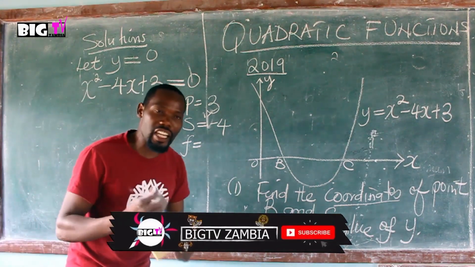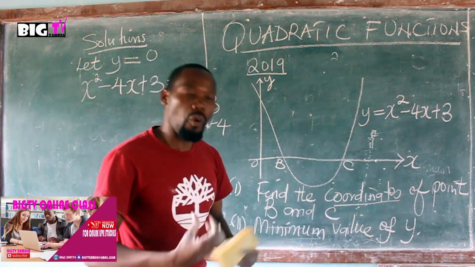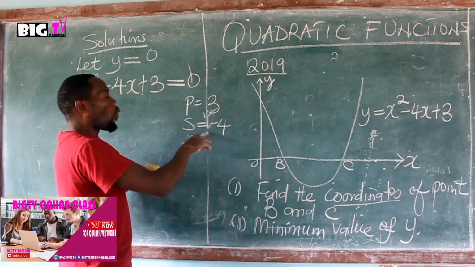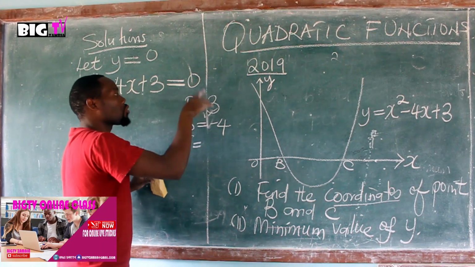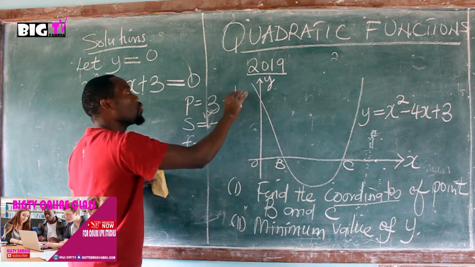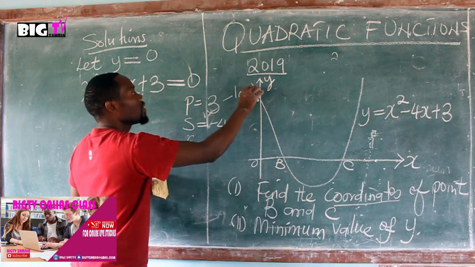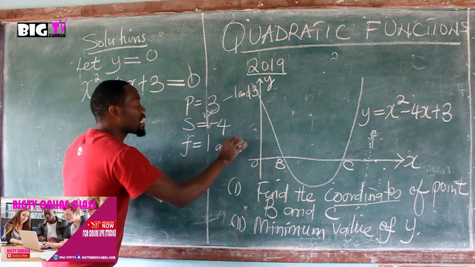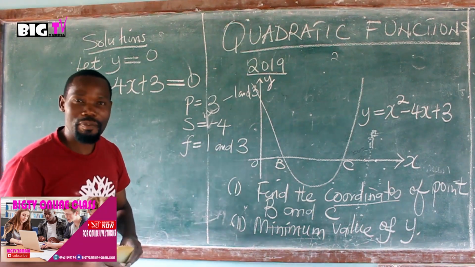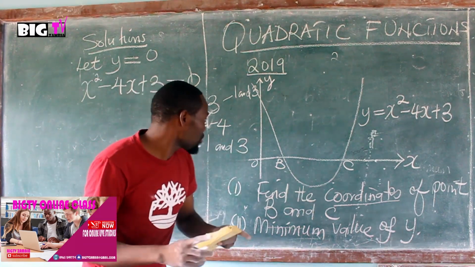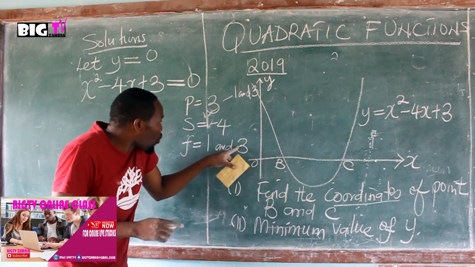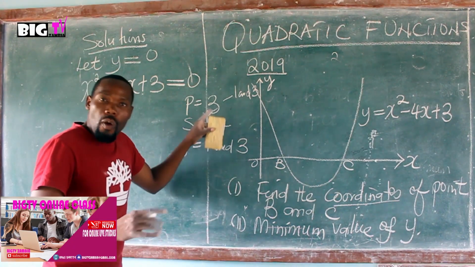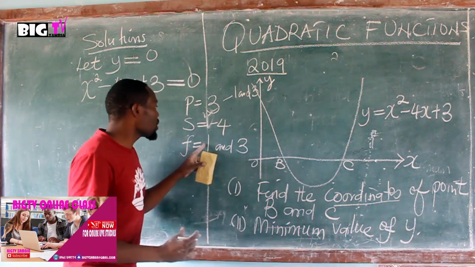It's the easiest thing a student will ever find. What are the factors of 3? The factors of 3 are 1 and 3. They are just 2 factors. I want these 2 to give 3 when I multiply them, and negative 4 when I add them.